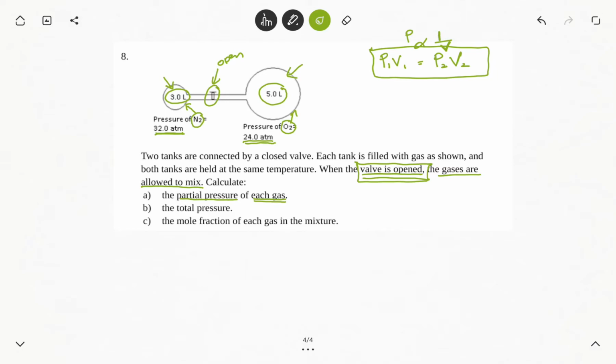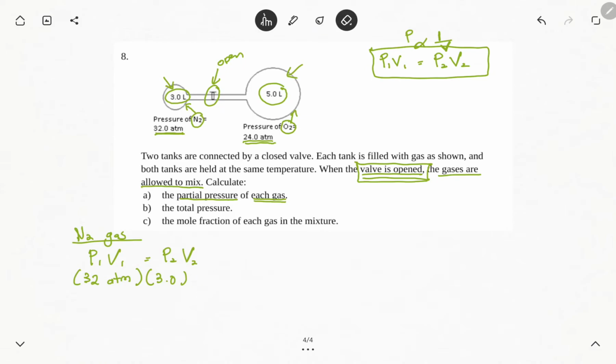First we calculate the pressure for nitrogen gas, using the formula of Boyle's law. P1 is the initial pressure, 32 atm, and the initial volume is 3 liter. We want to calculate the pressure after the valve is open, so that means P2.